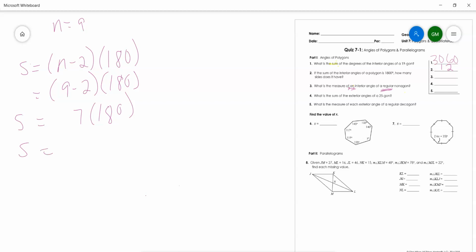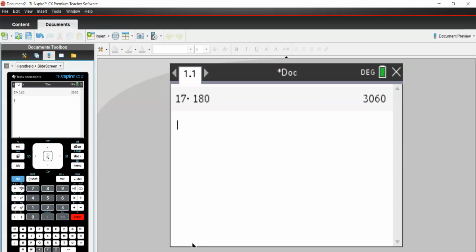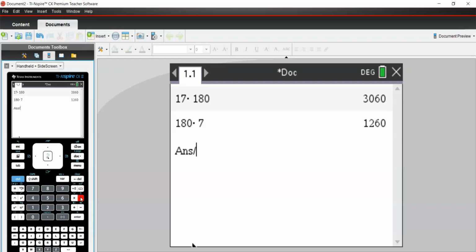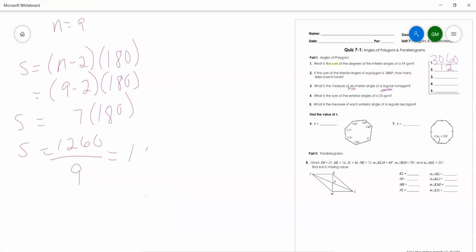So let's look at our calculator. 180 times 7 is 1260. Okay, but that's the sum. We wanted 1, so we need to divide it by the number of angles. So we're going to divide that by 9. We get 140. So each of the angles inside a regular nonagon is 140 degrees.